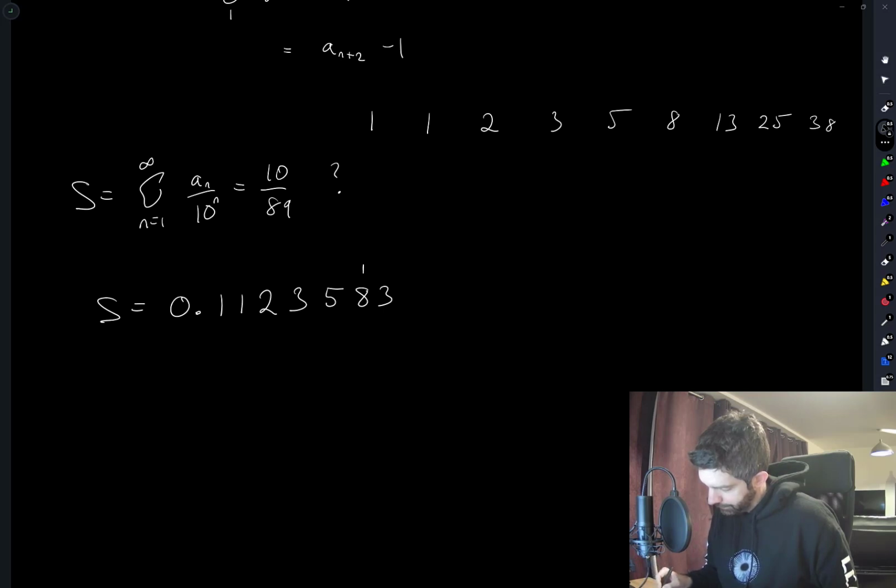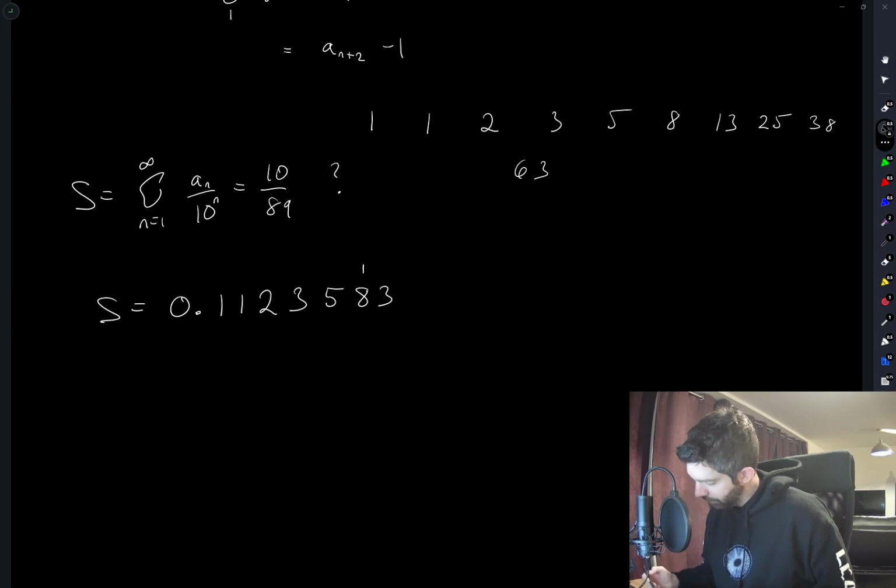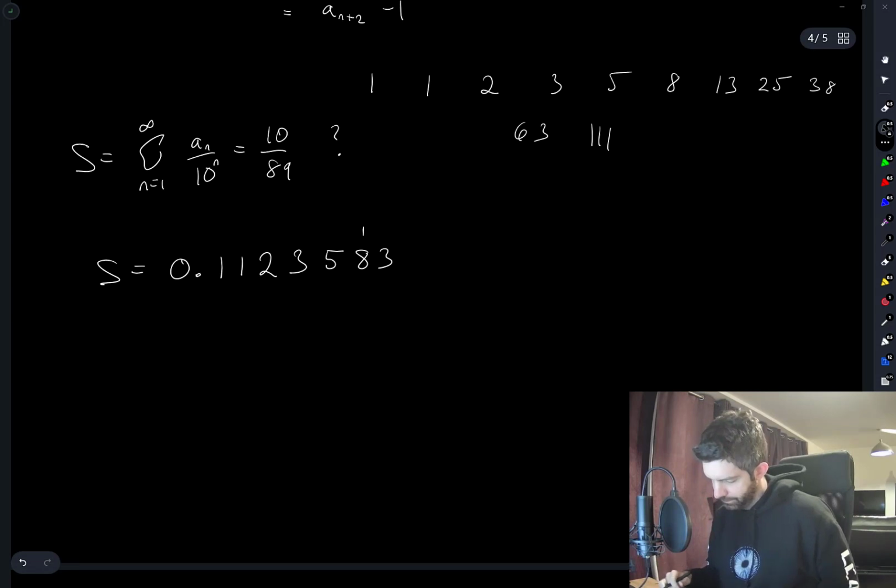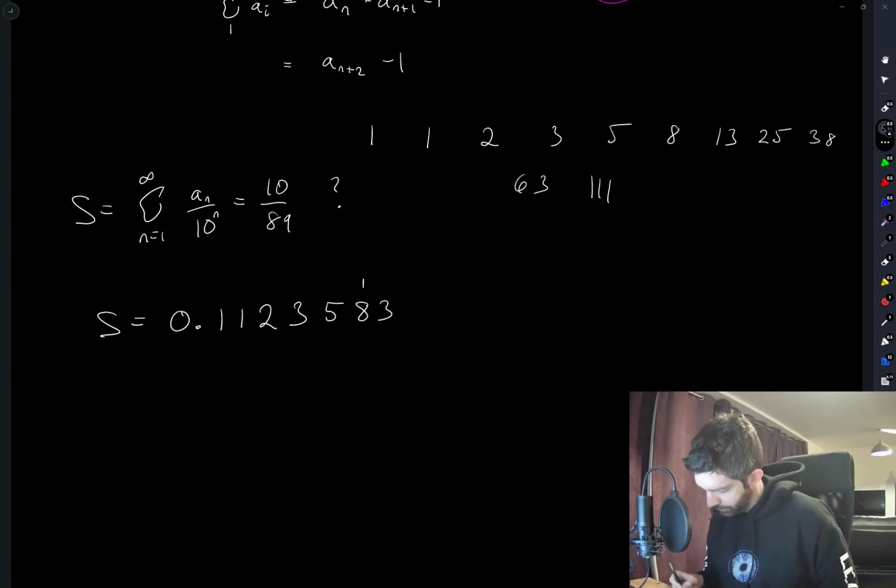And then what is it? 63. 38 plus 63. 111, is that a Fibonacci number? Well, anyway, assuming it is.